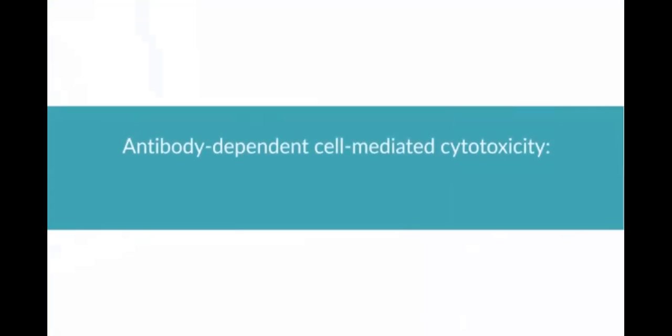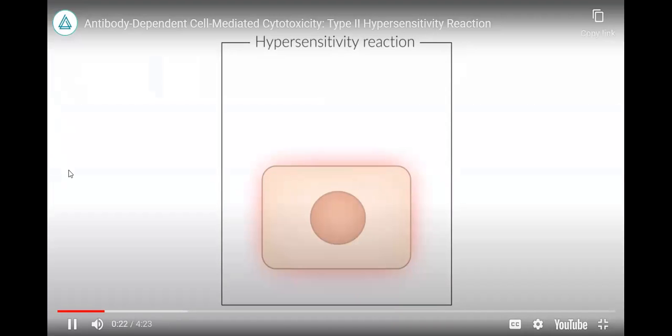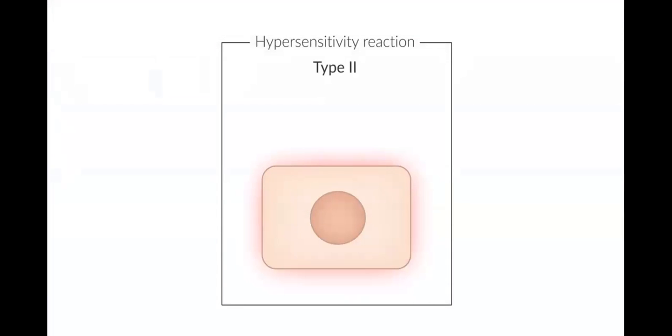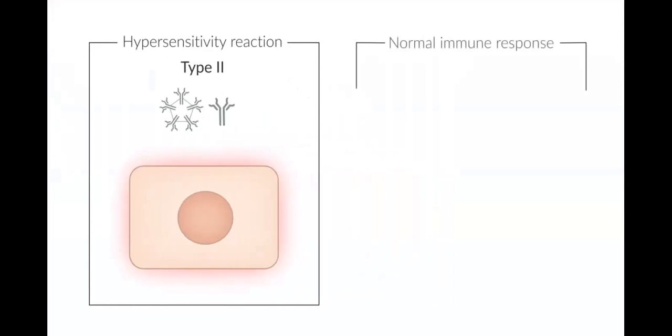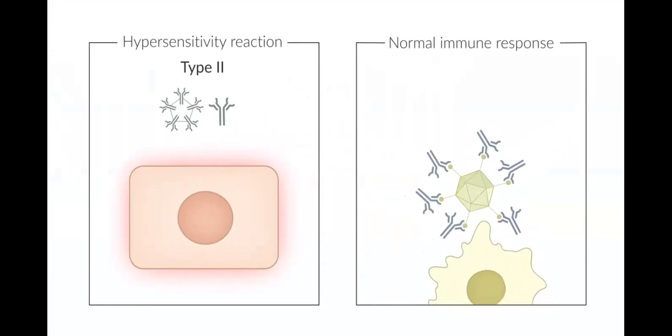Antibody-dependent cell-mediated cytotoxicity, type 2 hypersensitivity reaction. During a hypersensitivity reaction, the body can also respond to its own components that are usually ignored. In a type 2 reaction, this response is caused by the presence of certain antibodies. Under normal conditions, antibodies are produced during an adaptive immune response to fight off pathogens.